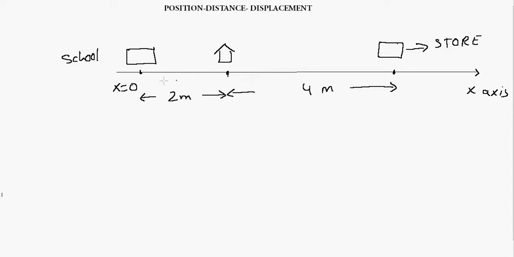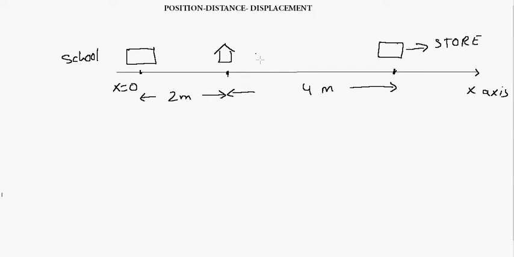Now consider the following diagram, where you have school at x equals to 0, that is the origin, and your house, which is 2 meters from the school, and there is a store that is 4 meters from your house. All these are in the positive x-axis.